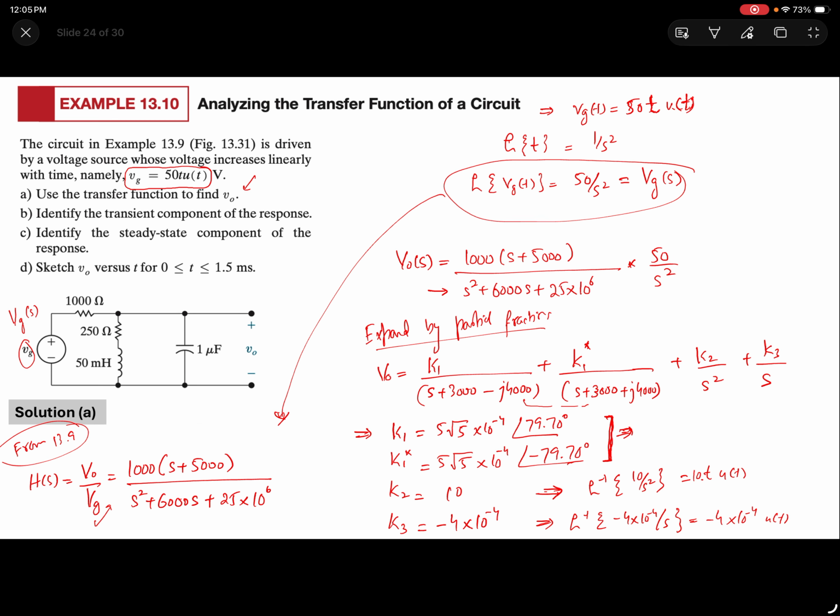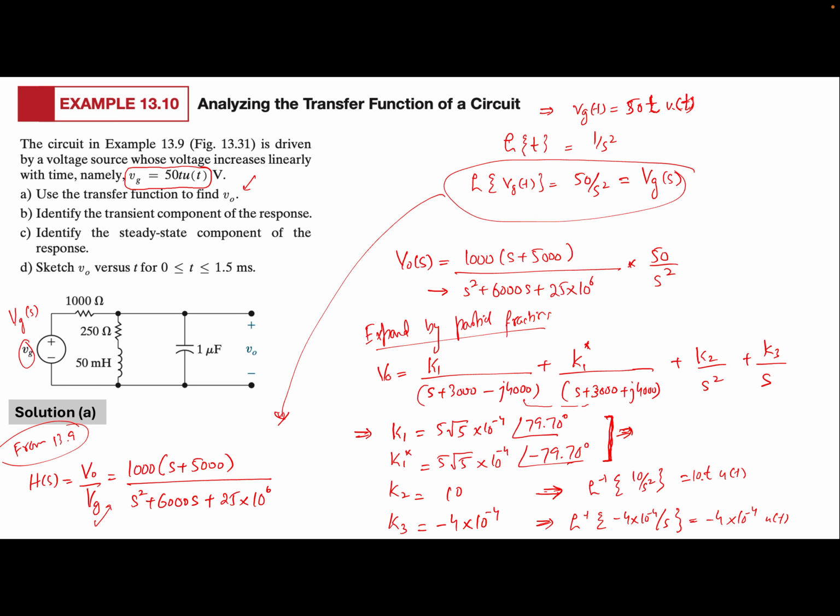You're going to get the final value of v of t.